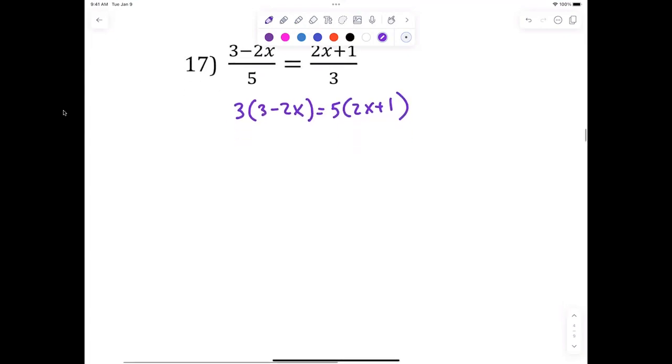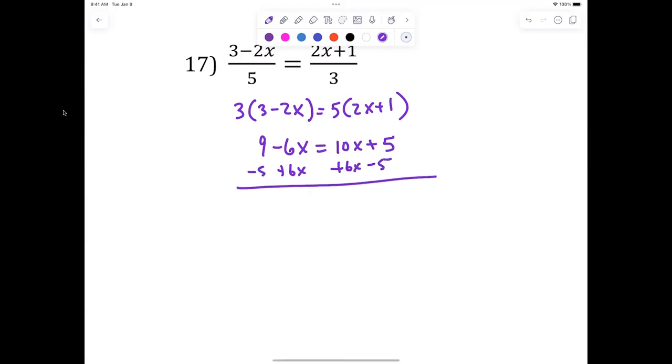Now distributing, 9 minus 6x equals 10x plus 5. Add 6x, subtract 5. 4 equals 16x. Now, most people look at this and say x is 4.